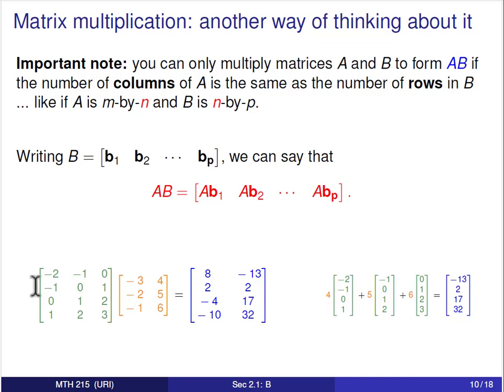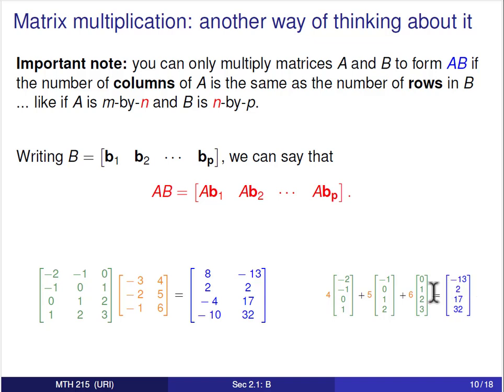So if I wanted to do it using the row column method, I might go across the second row and down the second column here and have -1 times 4, 0 times 5, 1 times 6. Now if you take a look at what's happening with this vector calculation, you'll see that in the second position we do have -1 times 4, 0 times 5, and 1 times 6, and that's what you add together to get 2.